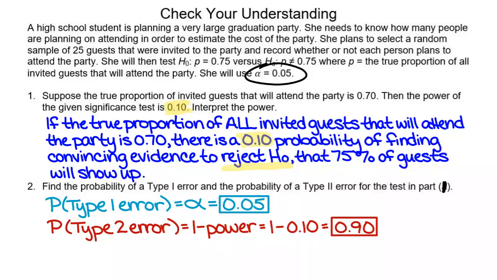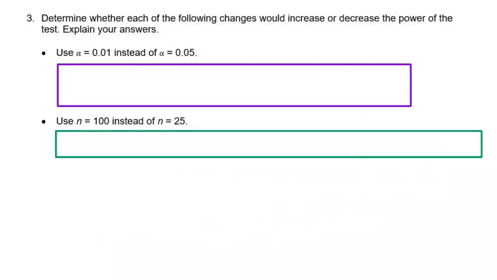But we are never going to ask you to calculate the power from context. We don't have those skills in this class. Type 1, you should always be able to tell me, because you should always be able to tell me what the alpha level is. But the probability of a type 2, I either have to give you the power, or I have to tell you the probability of a type 2 so that you can tell me the power. So far, so good? All right, let's look at the last part of this question.